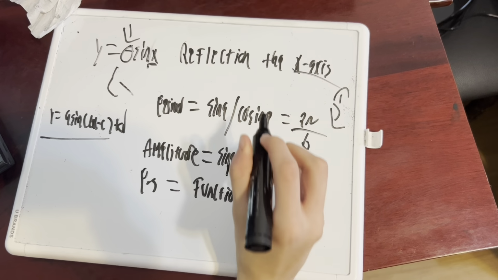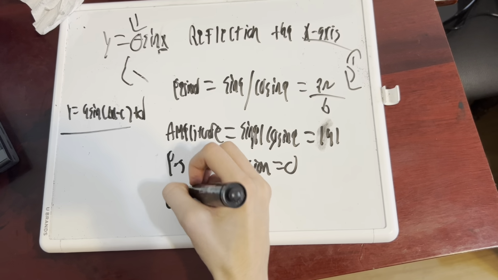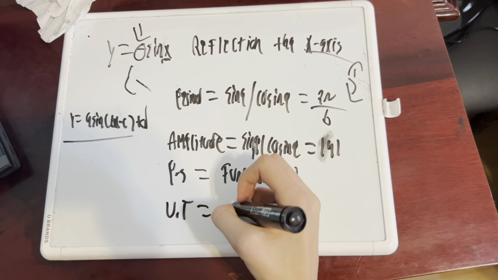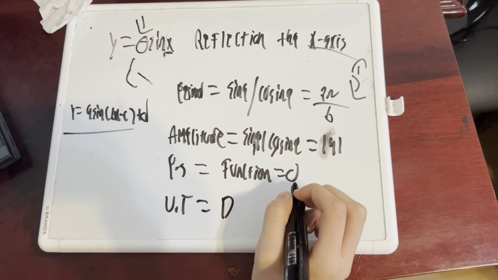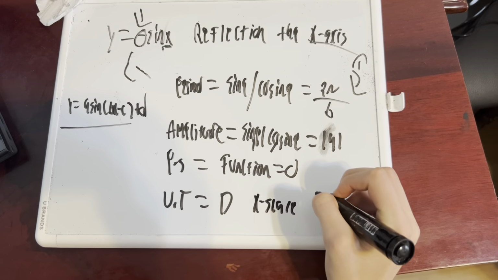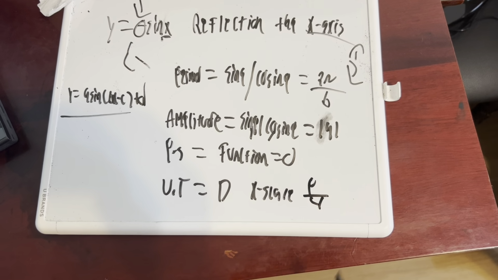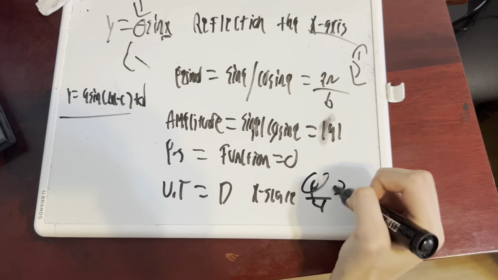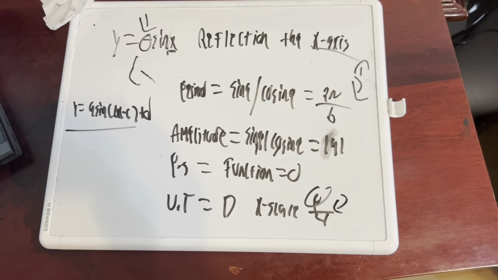That changes. And then what doesn't change is my vertical translation, which will always be equal to d. And of course, my x scale for sine and cosine is my period divided by 4. We know for tangent it's going to be the period halved. But for sine and cosine it's a fourth.